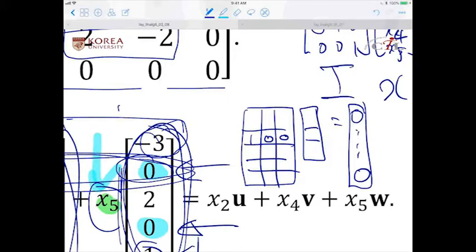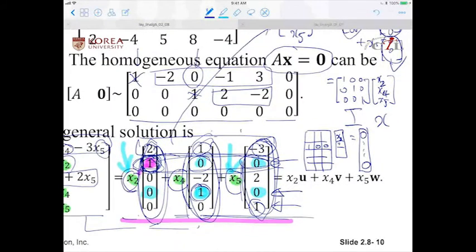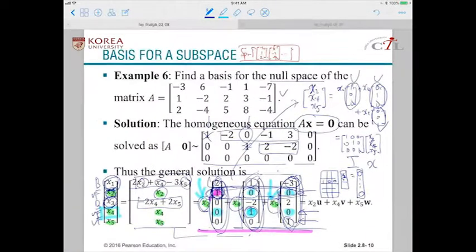By that I mean, x1, x2, x3 are different from these x2, 4, 5, right? So they came from the original matrix like this, and these are the new vectors that we obtained by obtaining this parametric vector form, right?